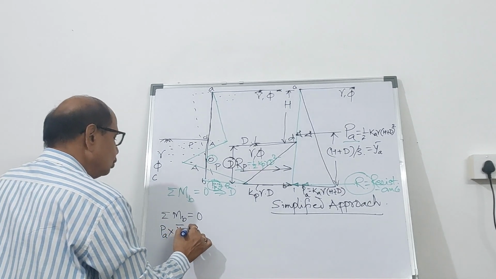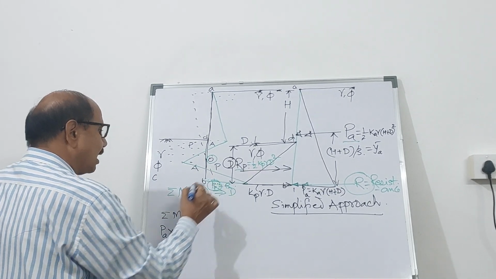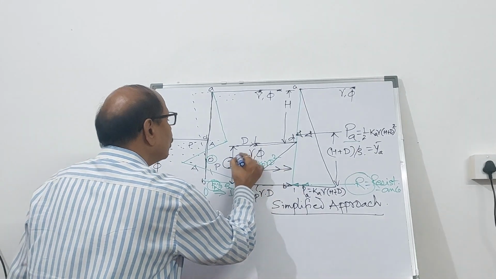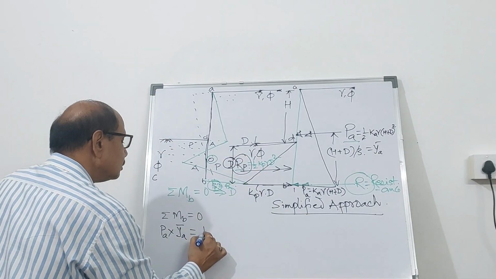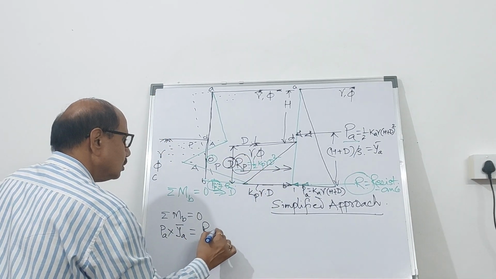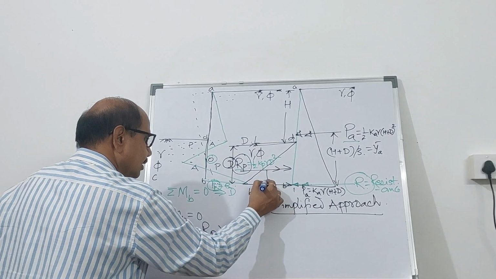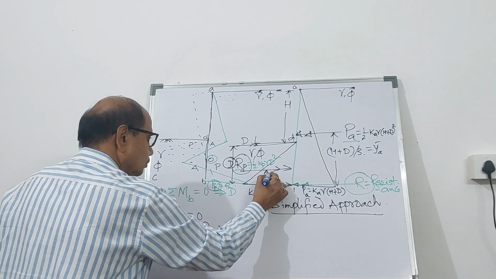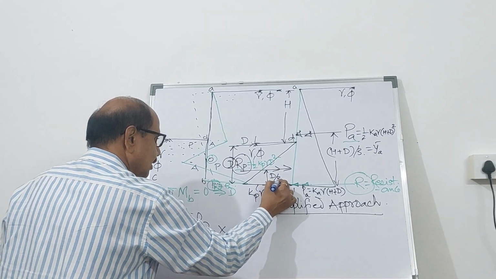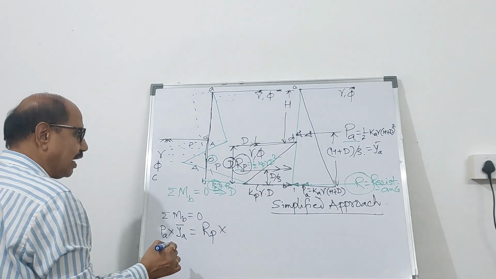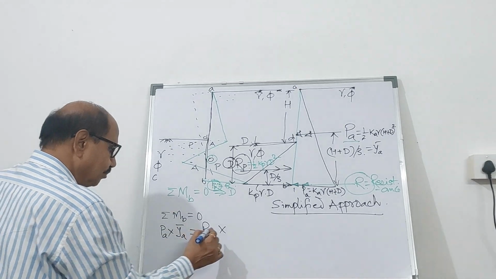must be equal to RP, that is this force, into d by 3, because about the bottommost point, the line of action of RP is at a distance d by 3 from the base.